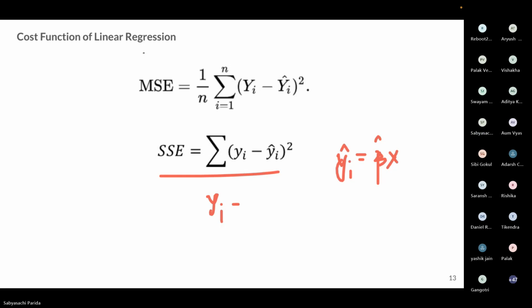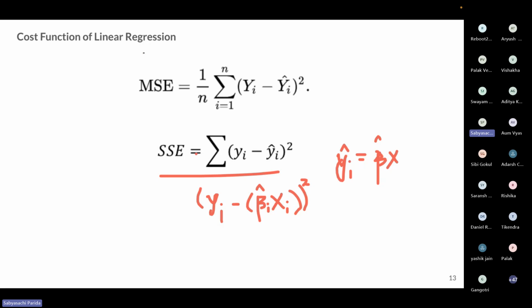So for the sum of squared errors, yi minus beta cap i into xi, I'm trying to minimize this.